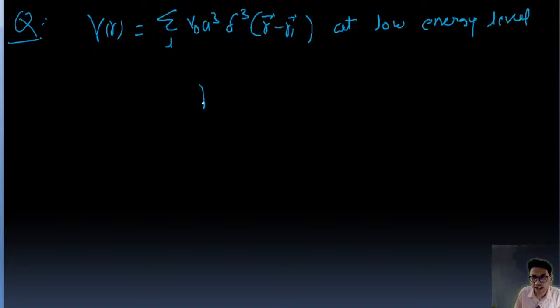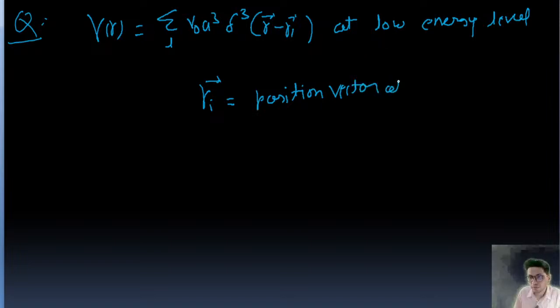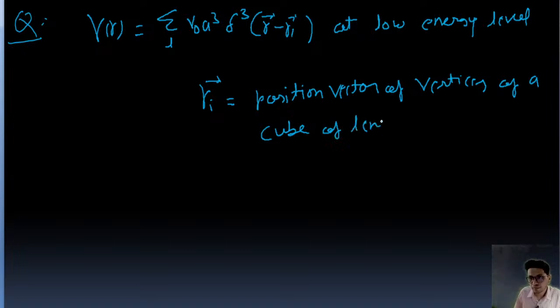Here r_i is the position vector of vertices of a cube of length a, centered at origin.